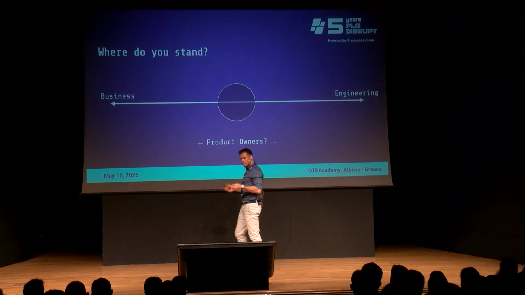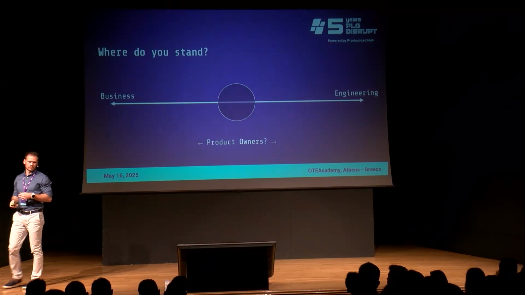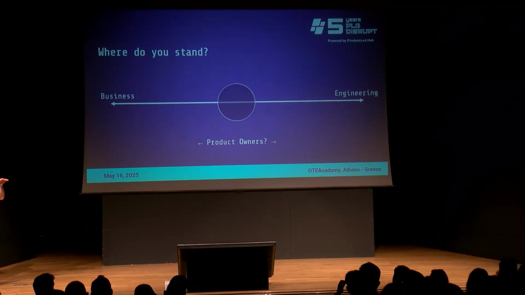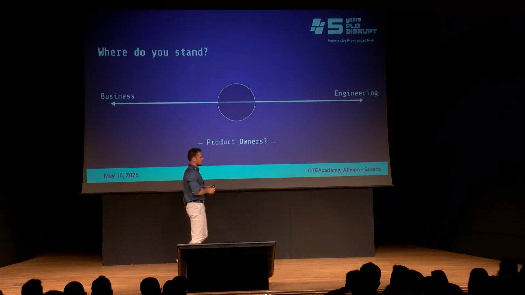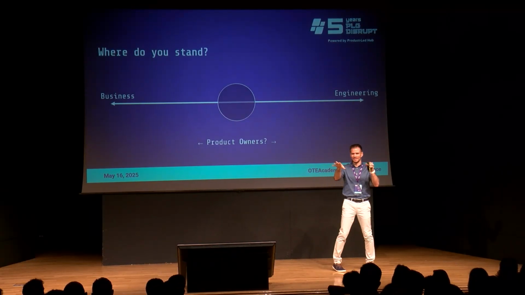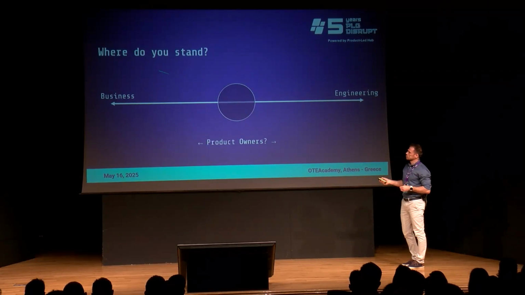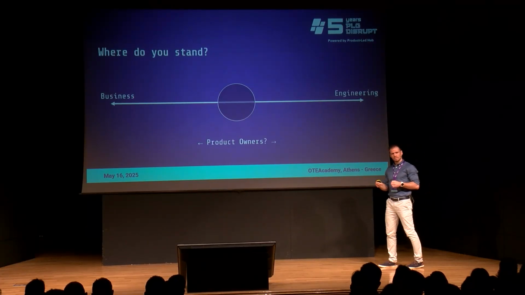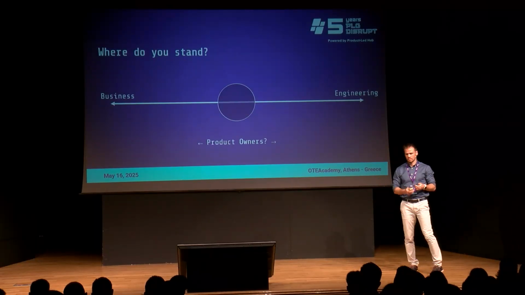So if we say product owners, where do they stand? Usually, okay, this is a question mark, but I will not try to raise your hands right now, but usually product owners are closer to the engineering, usually, right? I'm going to use the word usually because I want my life here. I know there are some product owners, but usually the product owners are more to the engineering part, so trying to translate what the business, what the product managers are trying to develop, and actually translate them to tasks.